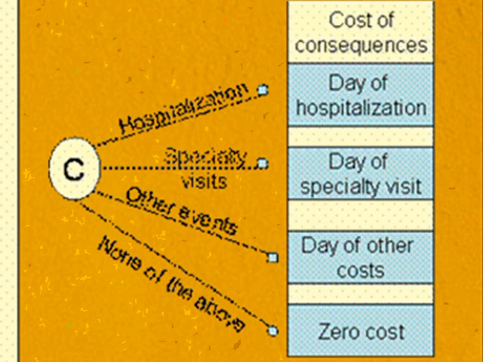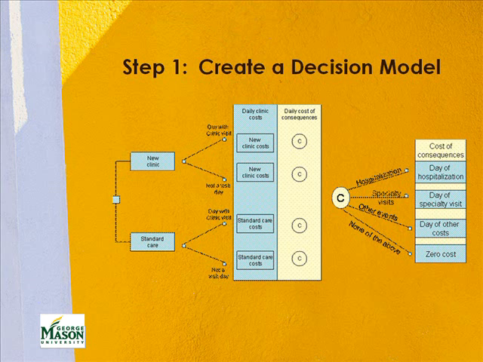Strictly speaking, the events depicted must be mutually exclusive and exhaustive. Some events, for example visiting a specialist and being hospitalized, may co-occur on the same day, and thus may not be mutually exclusive. If this co-occurrence is not occurring often, then the analysis can be considered an approximation.